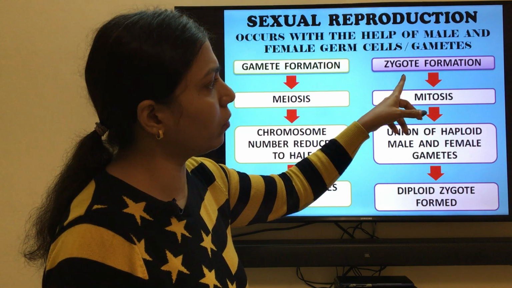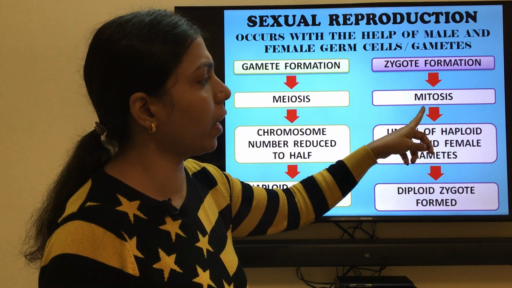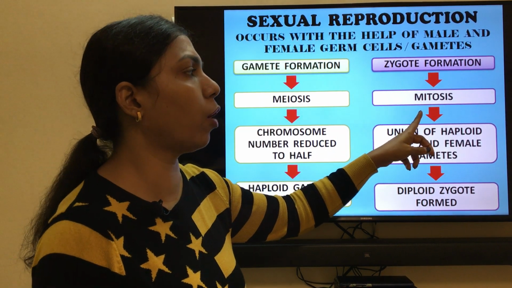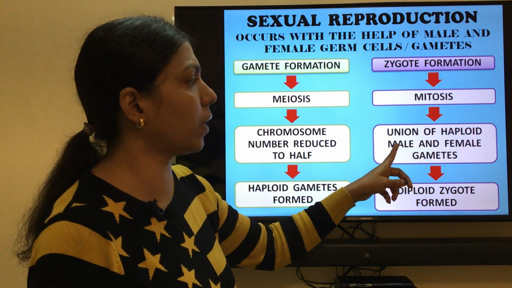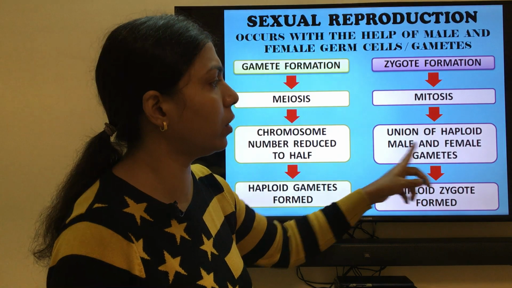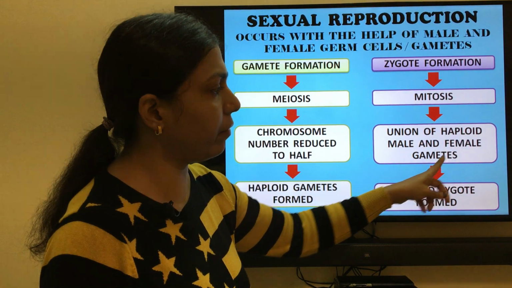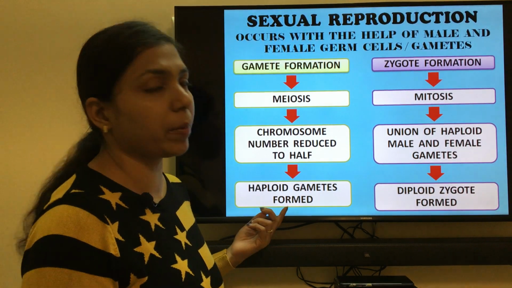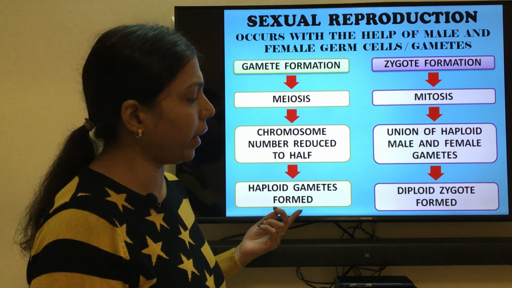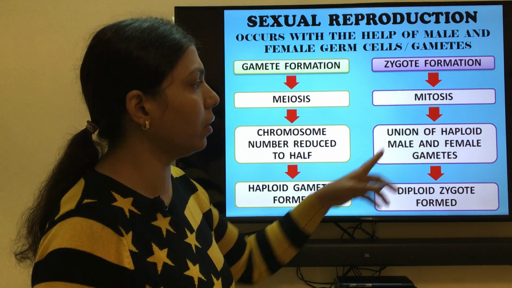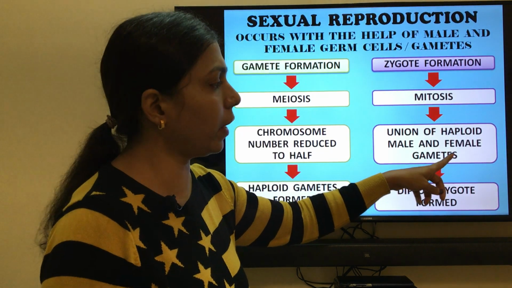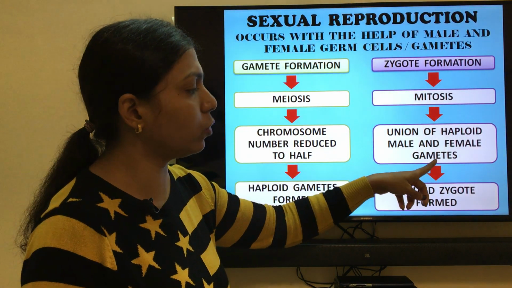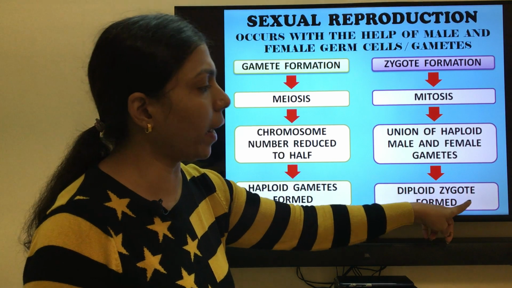Then you have zygote formation. Zygote formation takes place with the help of mitosis cell division, and what happens is that there will be a union of the haploid male and female gametes. The haploid gametes which are formed, the male and the female gametes, will come together and the union of the gametes will take place, and once that union takes place, you have something which is called a zygote.